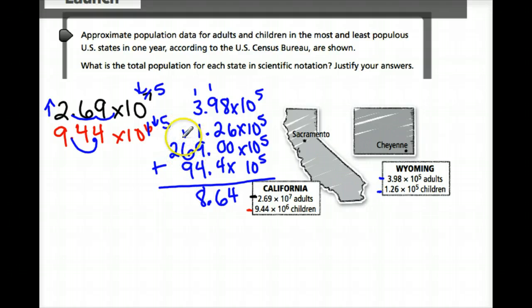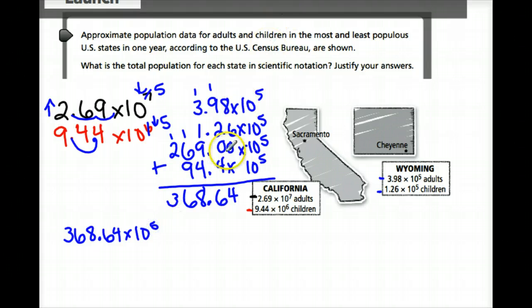Carry the 1. This is 7 plus 9, that gives me 16. Carry the 1. And this gives me 1 plus 2 is 3. So this is now 368.64 times 10, and remember our power stays the same, to the 5th.